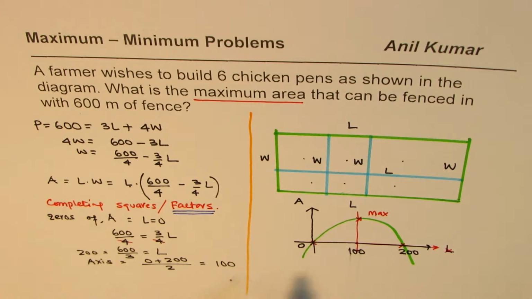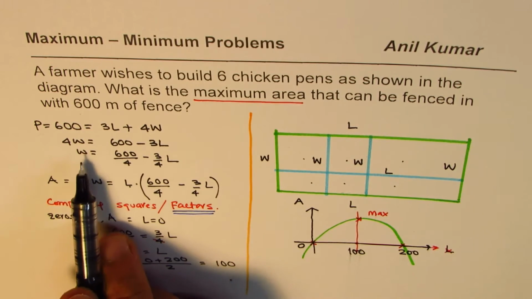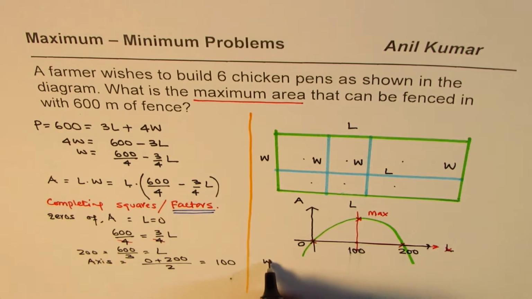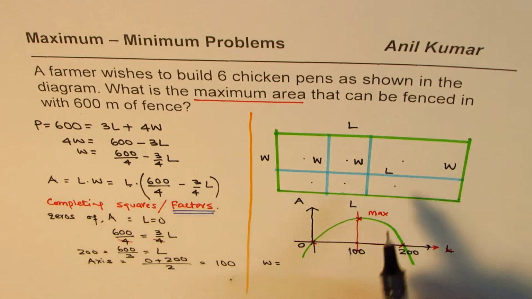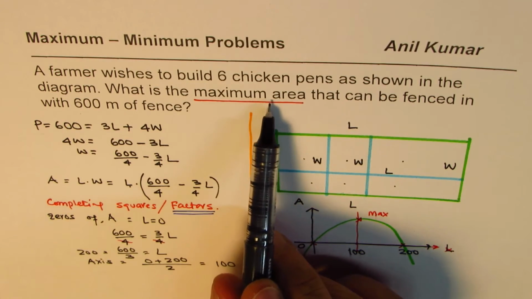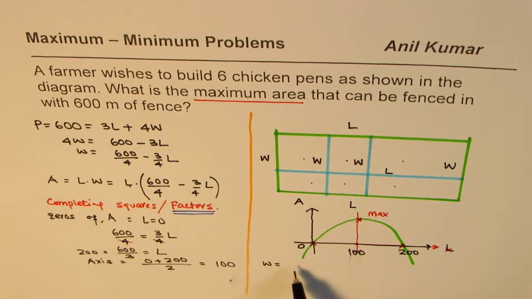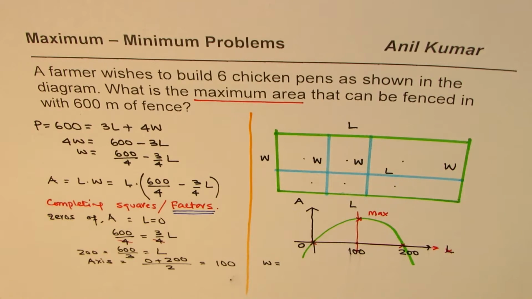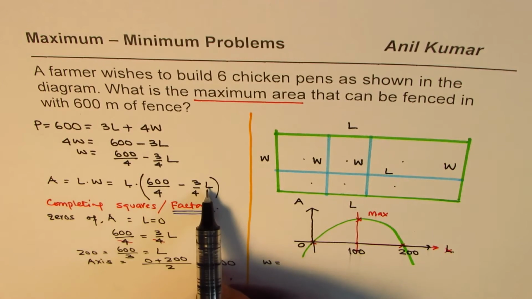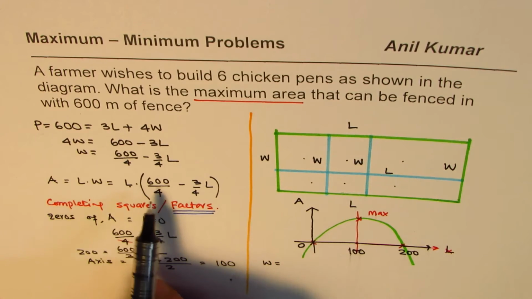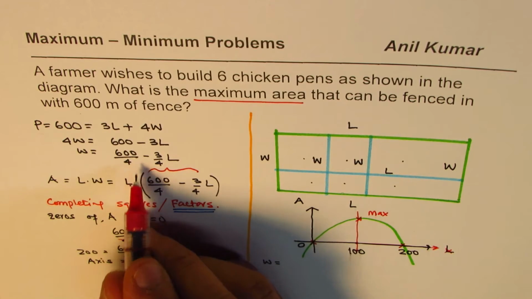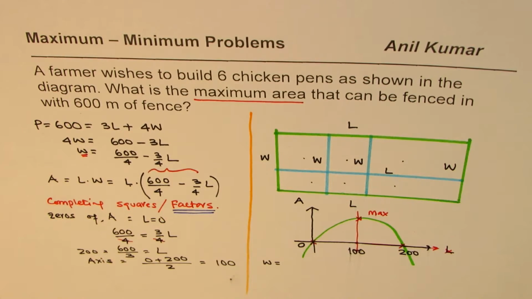Okay. So now we have the value of L. To find width, what could we do? Just substitute 100 here, right? So what is width equal to? Since we want to find the maximum area, we need not find width, we can substitute the value of L here and find area. But this portion is the same as width. So it's one and the same thing.